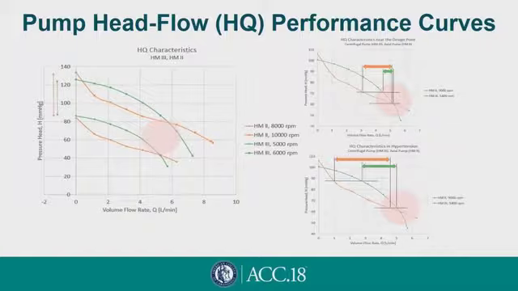At the lower flows or higher pressure areas, the relationship is much flatter for the HeartMate 3 as compared to the axial pump. So again, this reinforces the idea that the pump flow characteristics are unique to each pump design.